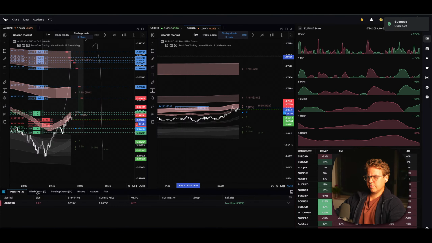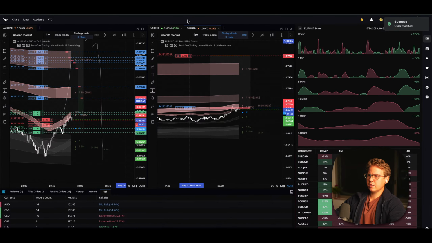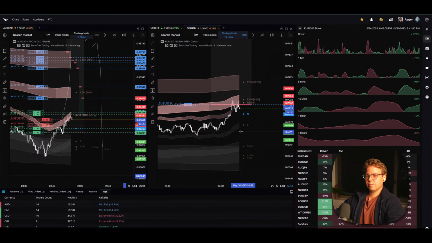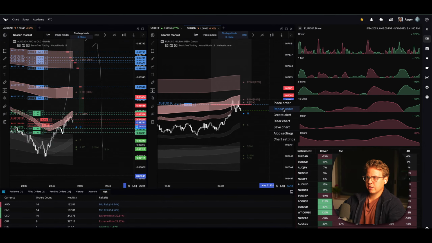Stop loss here. We also already have some risk on USD, so we do want to keep that in mind. But I don't think we have any filled position with USD. Philip says that he hasn't had any trades that go deep yet. Well, we saw USD JPY do it about a few weeks ago, and it was a really good trade.